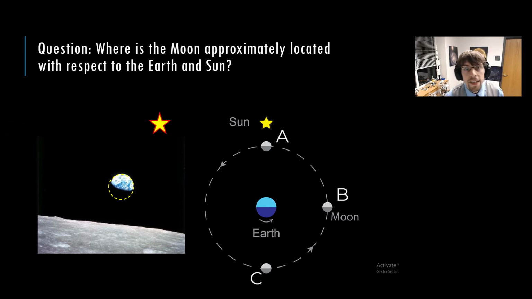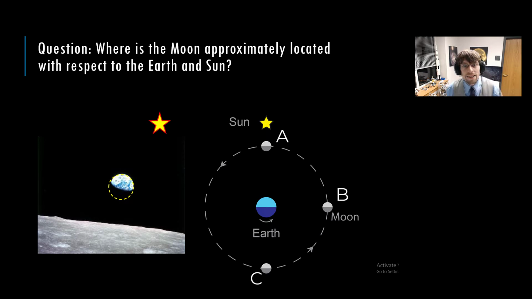So go ahead, take a second, see if you can hack out an answer. So if I were standing on the moon, okay, and I have to point at the Earth and I have to point at the sun, okay, you have some angle between your arms, right?